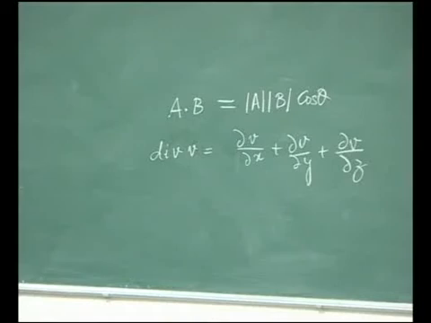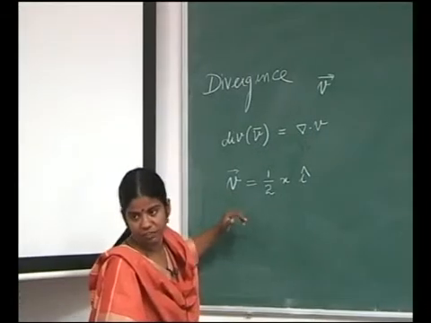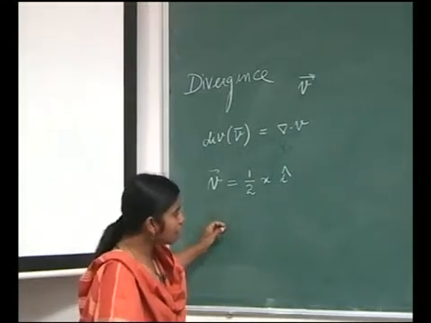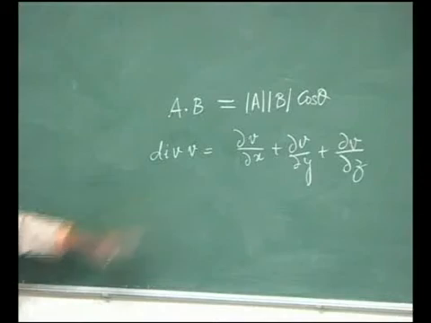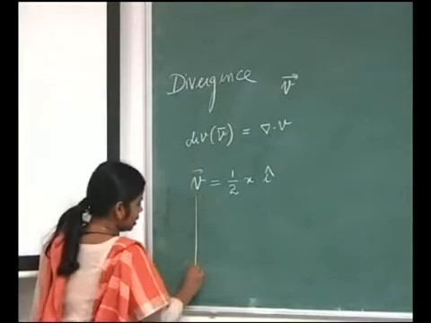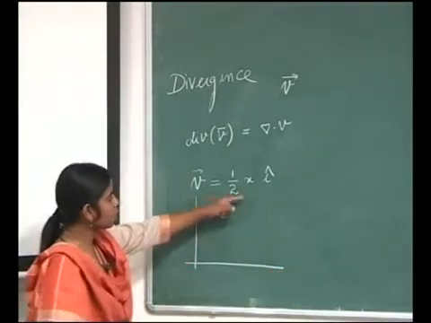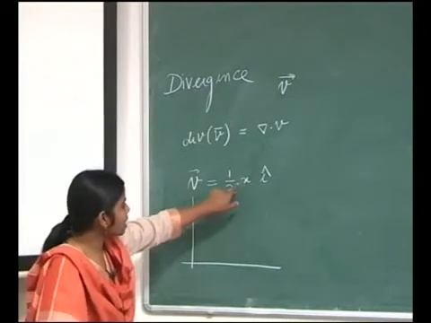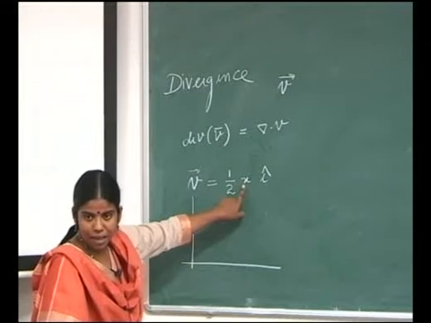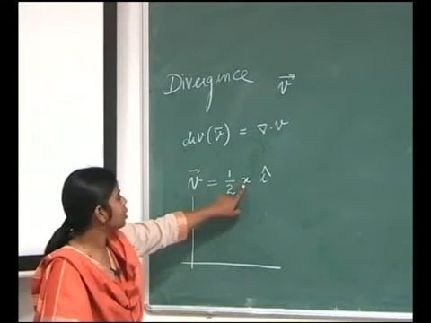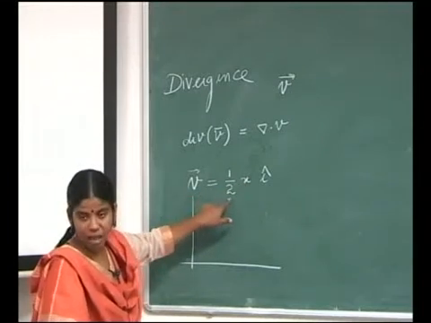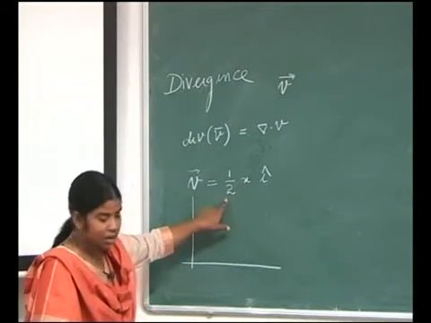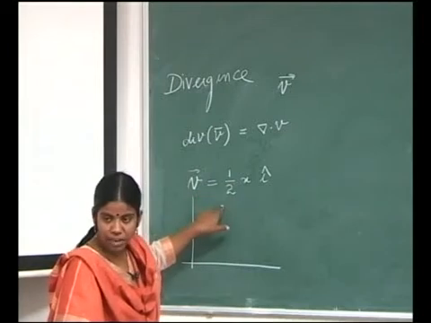First I will try to plot this vector field and then I will see what this equation actually means. If I plot this vector field, it is varying only in x, there is no y dependence. When x is equal to 1, the value of the v component is half. When it is 2, it is 1, when it is 3, it is 3 by 2, and when it is 4, it is 2.